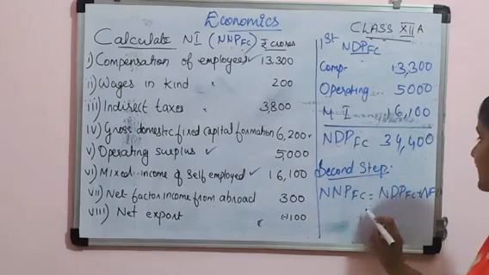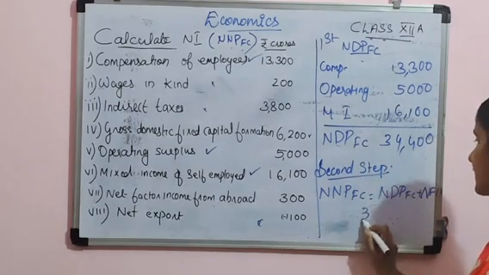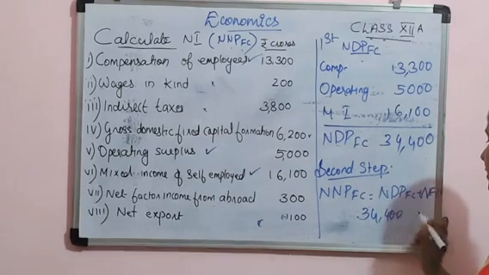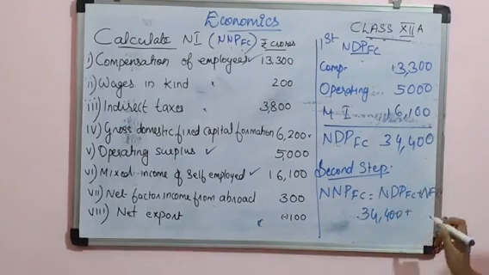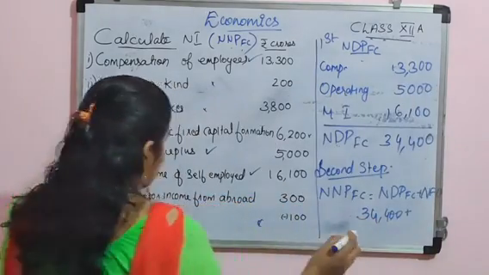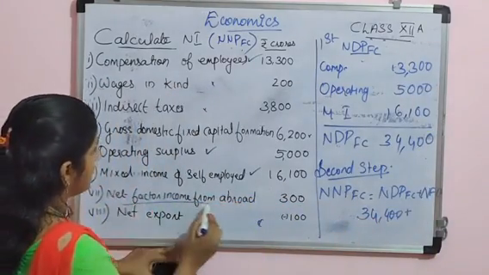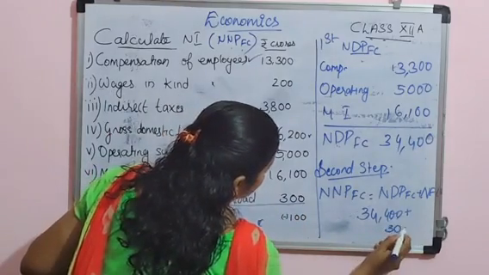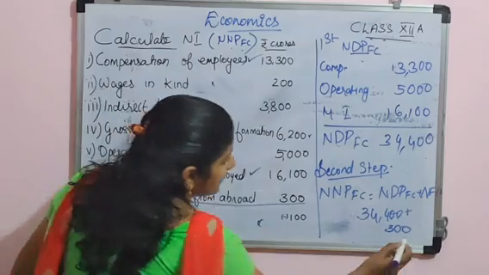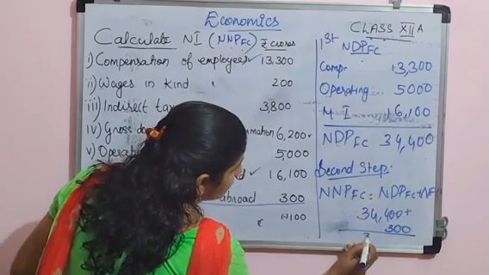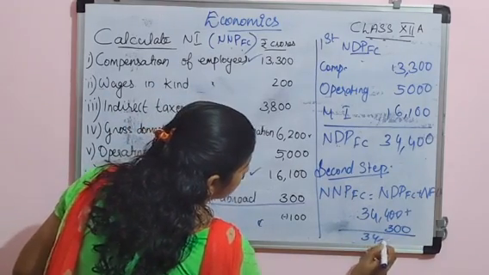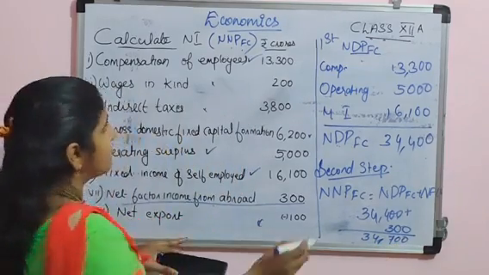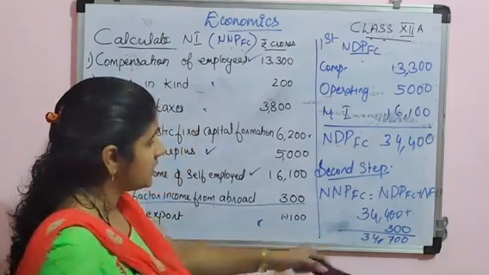NDPFC is 34,400 plus NFIA, that is equal to 300. When we are adding this we will get 34,700.